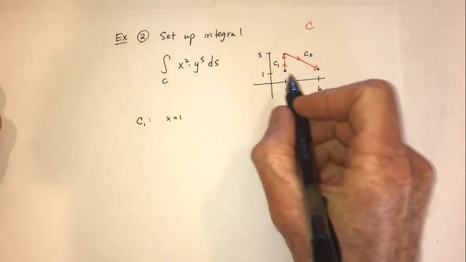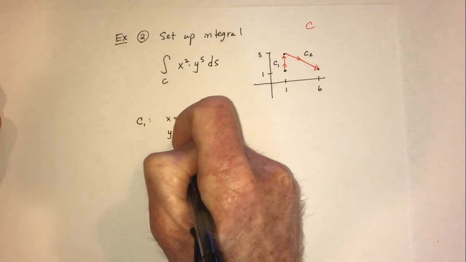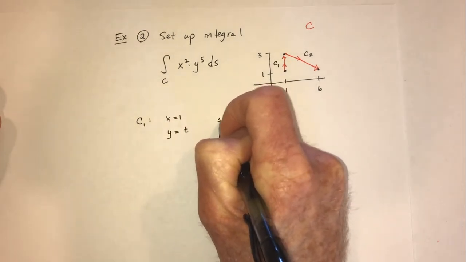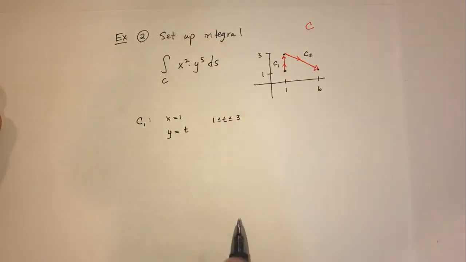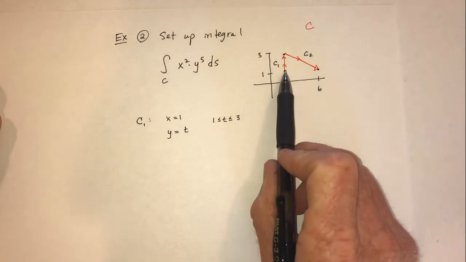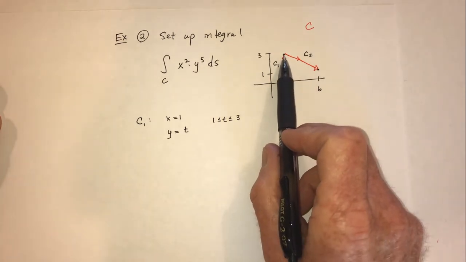And then the y value ranges from 1 to 3. So then I could say y is equal to just t, and then t is going to range from 1 to 3. And because I have it starting at 1 and ending at 3, that means it's going to be going the correct direction. It's going to go from y is a 1 until y is a 3.